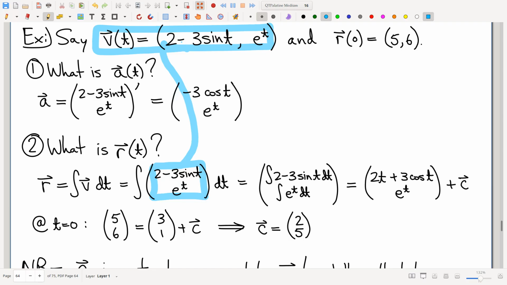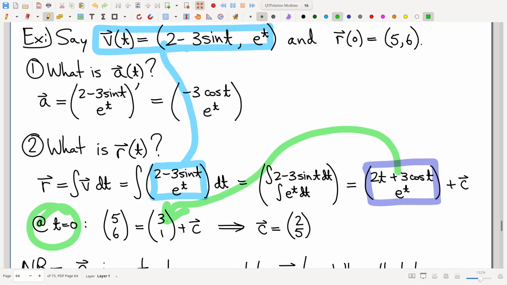And if those are polynomials, then the antiderivative will be polynomials where every factor has a factor of t. And then when you plug in t equals 0, this will then always turn into all zeros.